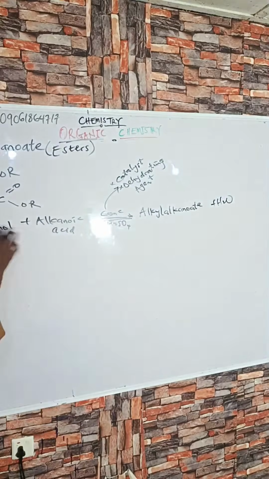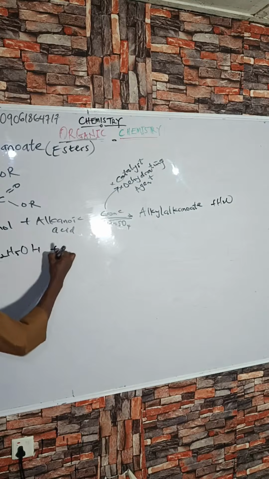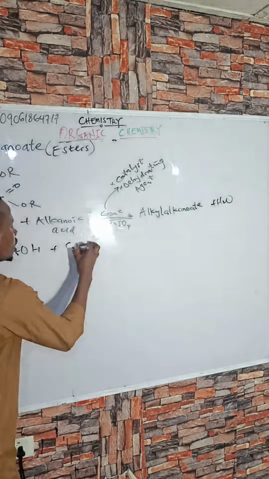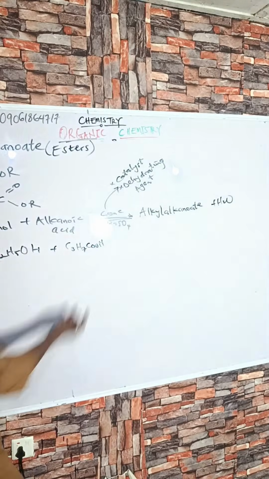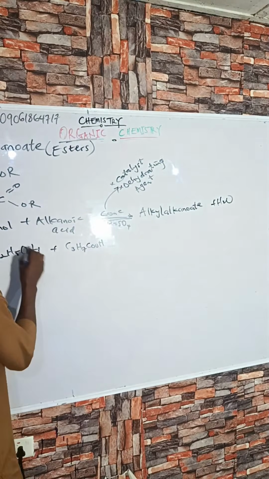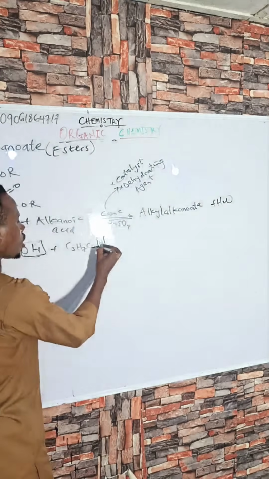Now, let's look at the big picture. Let's say I'm using an alkanol, C2H5OH, and an alkanoic acid, C3H7COOH. We remove the OH from the alkanol and the H from the alkanoic acid.